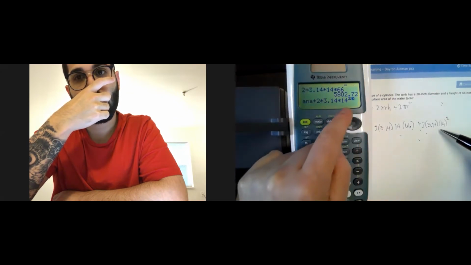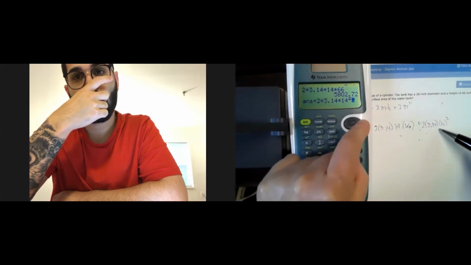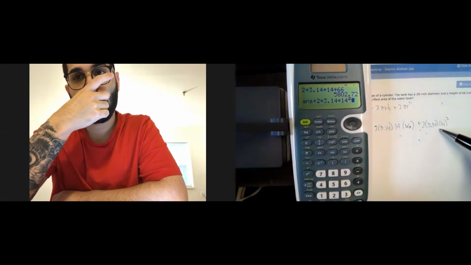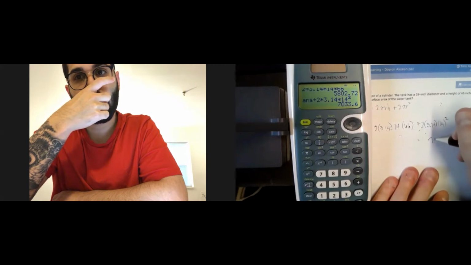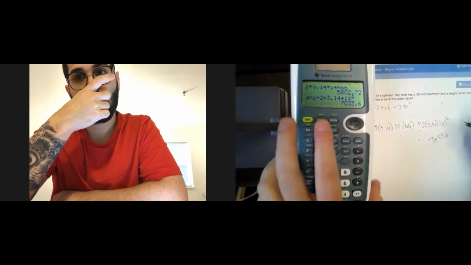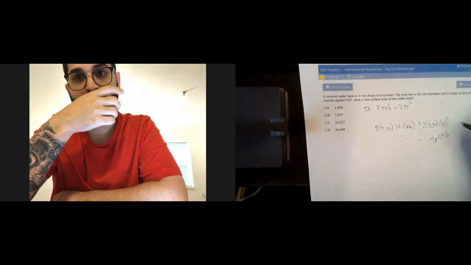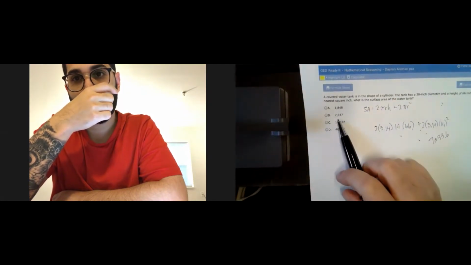See how it's up high? You want to arrow off so it's big again, and then you hit enter. 7033.6, and our answer is right there. B. Did you get B?